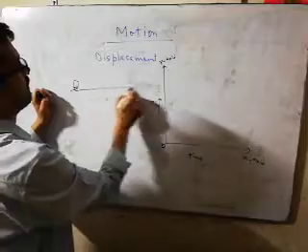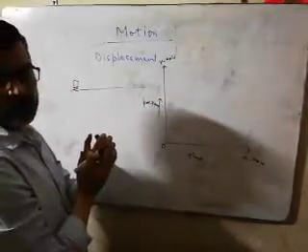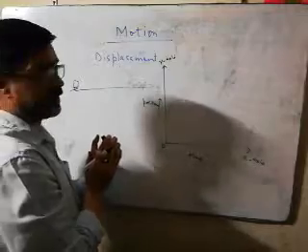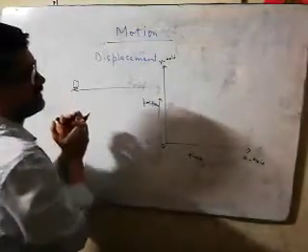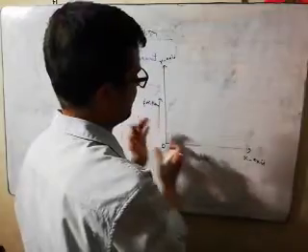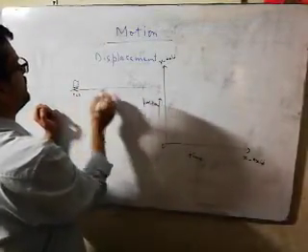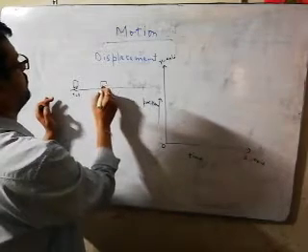A vehicle is running on a straight path, and we are measuring the location of the object with respect to time.